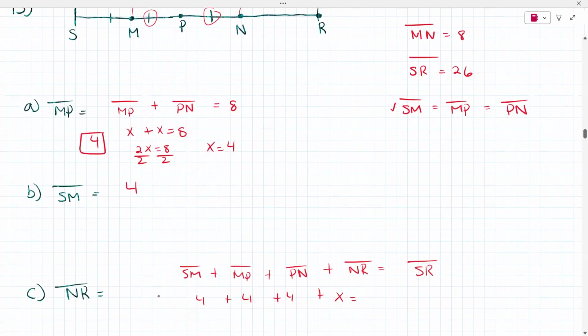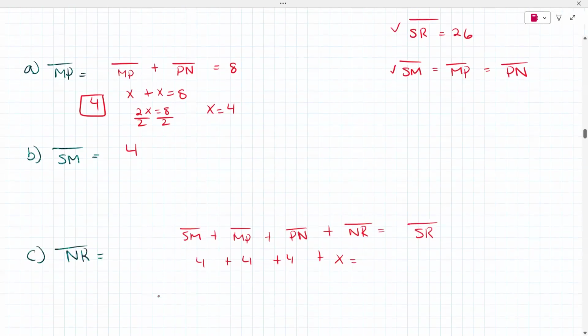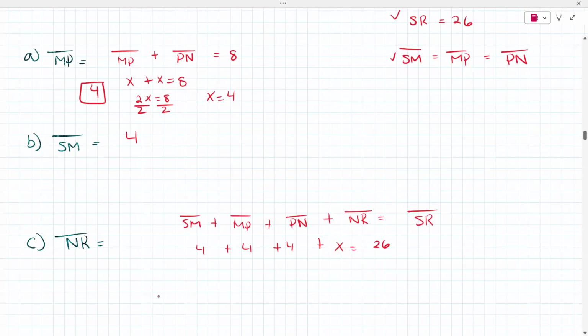That was given right here. So now we could find it. 4 plus 4 plus 4 is 12. Solve for X. 26 minus 12 is 14. So the distance of NR is 14.